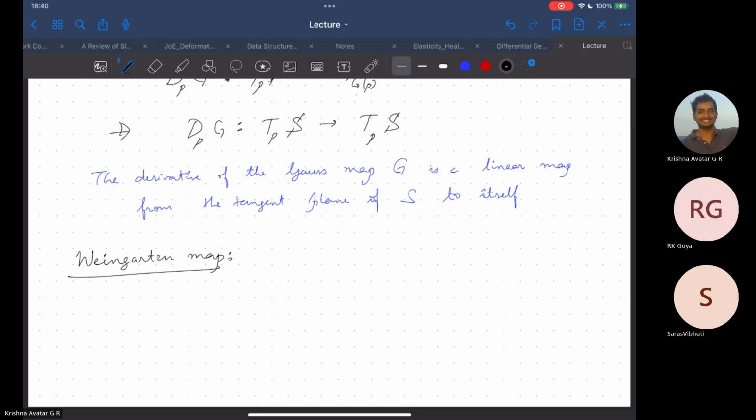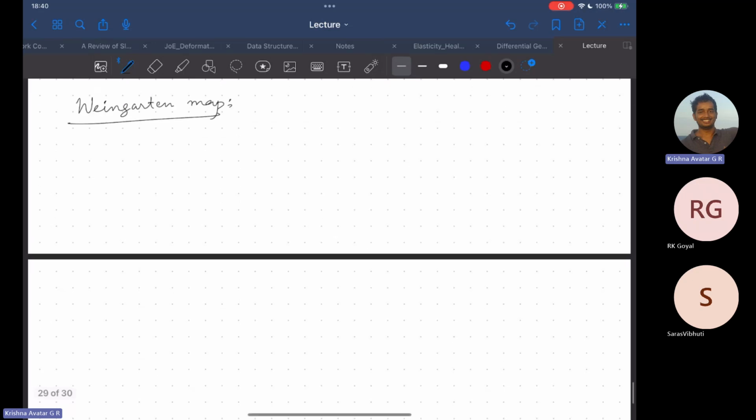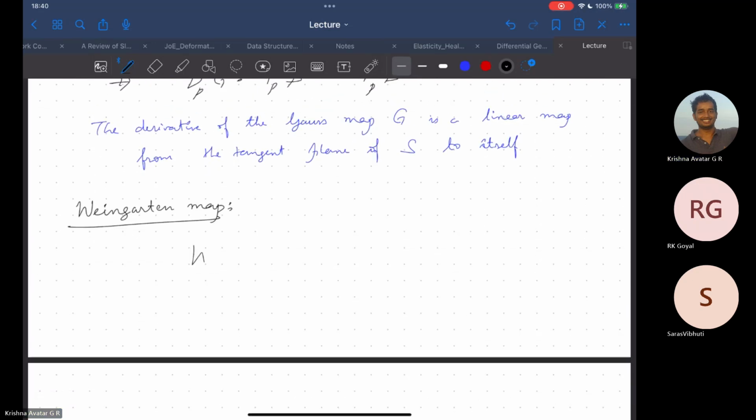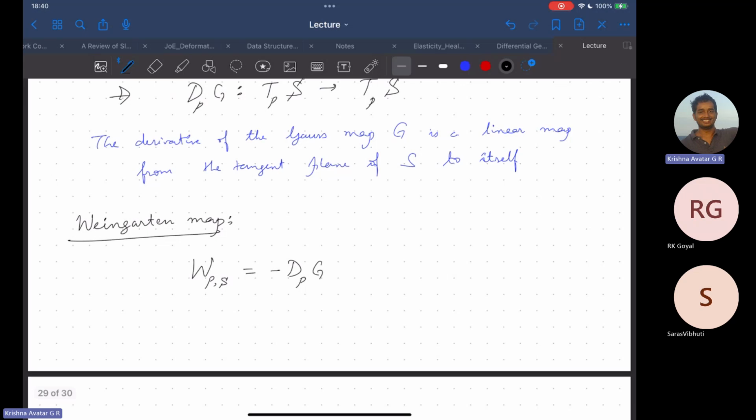The Weingarten map W_p at point P of surface S is nothing but the minus of d_pG. It tells nothing else. Did you understand? Was I able to explain this in a somewhat comprehensible way?